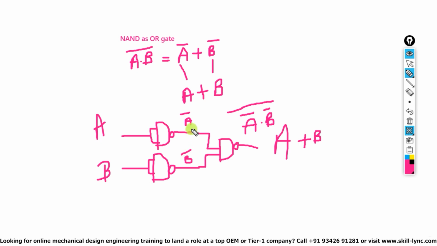After taking A bar and B bar, when I take the NAND gate of A bar and B bar, it is A bar into B bar whole bar, which is equal to A double bar plus B double bar, because xy whole bar is equal to x bar plus y bar, De Morgan's theorem. Same I have implemented over here. So it becomes A plus B. When I say A plus B, it means it is an OR logic gate.